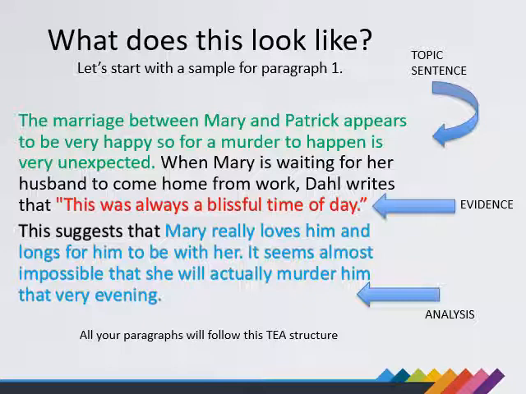So it should usually be a statement that you're going to make. In paragraph 1, you're talking about the Maloney marriage, so it would make sense as a topic sentence to say something like, the marriage between Mary and Patrick appears to be very happy, so for a murder to happen is very unexpected.